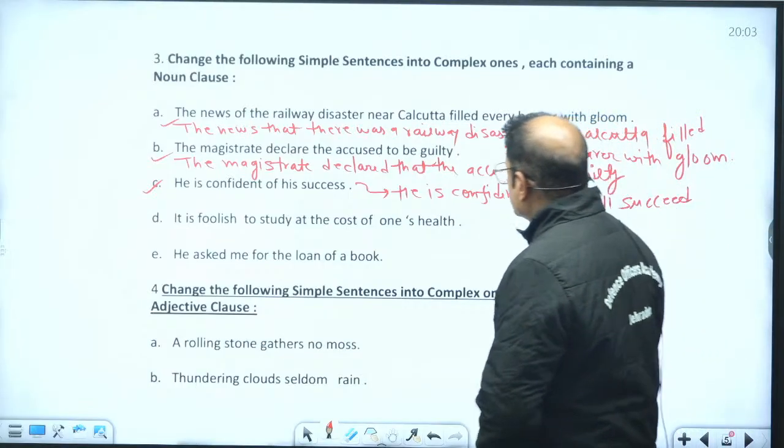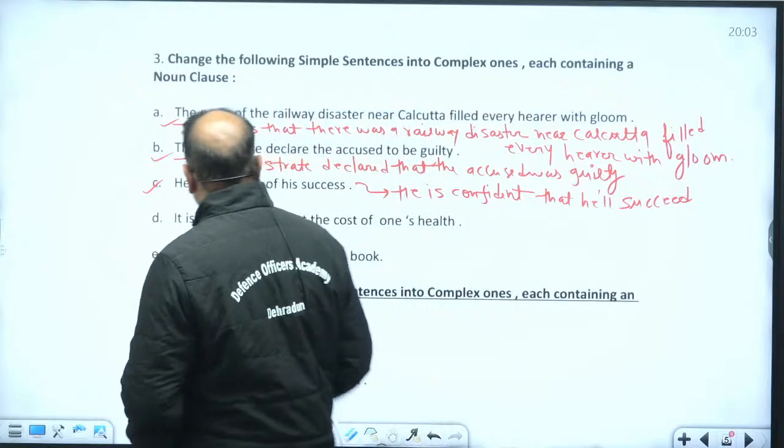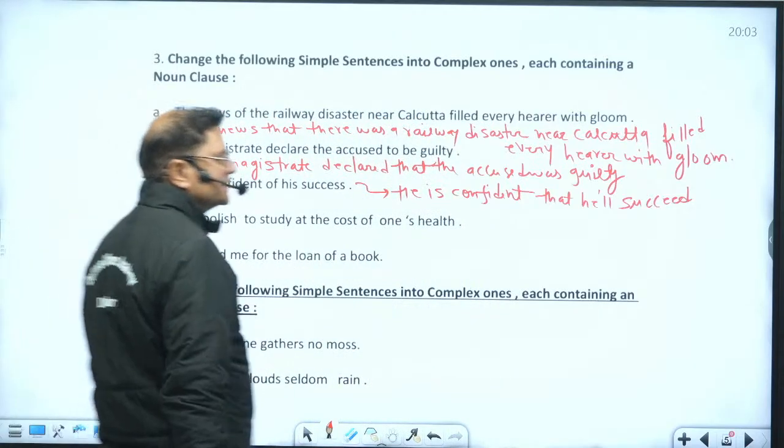It is foolish to study at the cost of one's health.